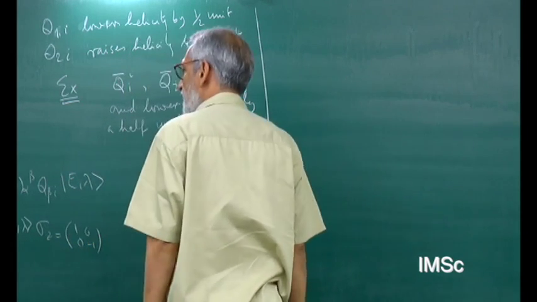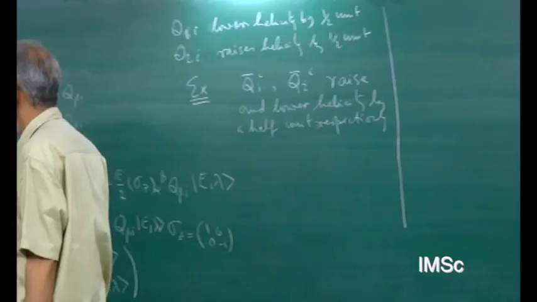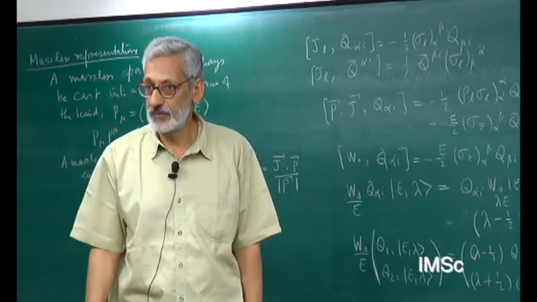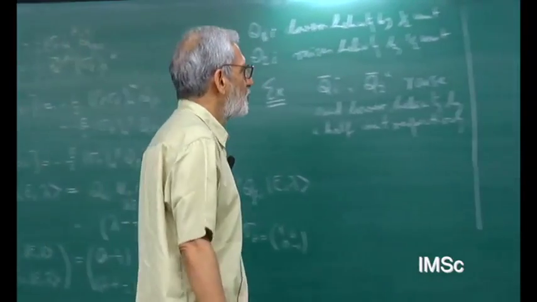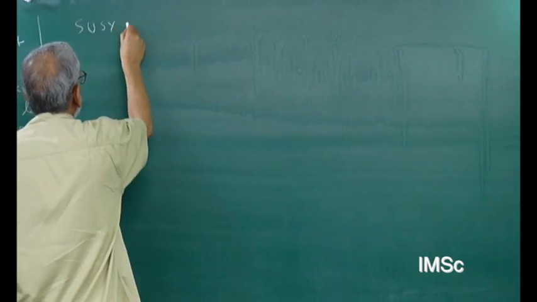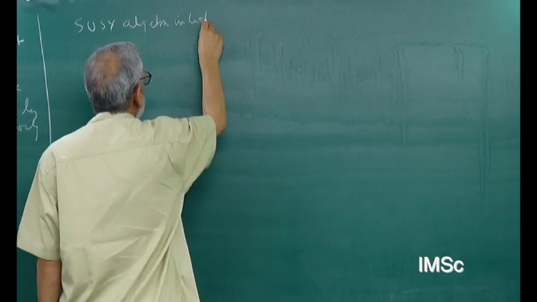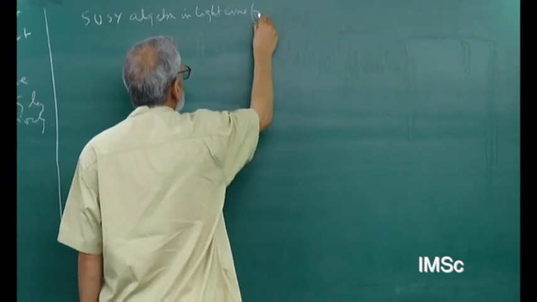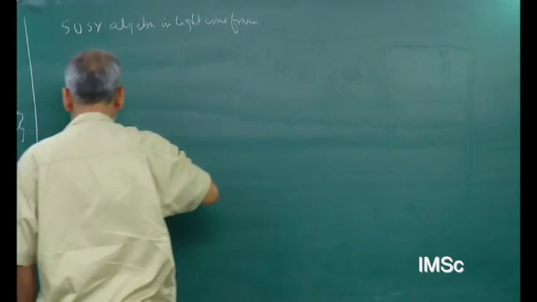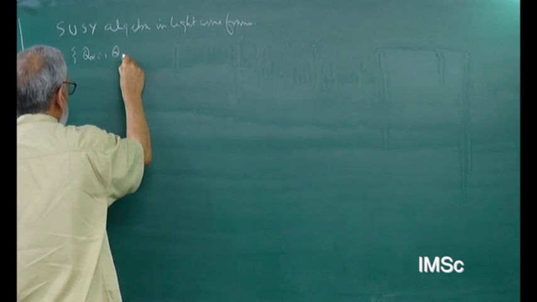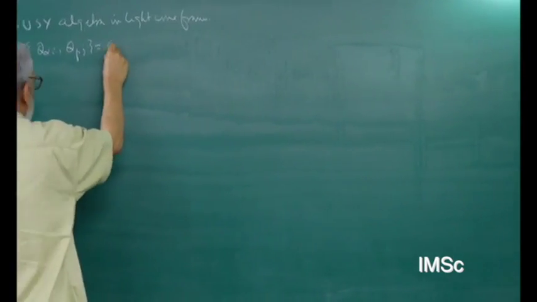Second property is, let's write now the supersymmetric algebra for particles whose momentum is of this kind, for momentum in this frame. So SUSY algebra in light cone frame. Now we have Q alpha I, Q beta J, commutator 0.